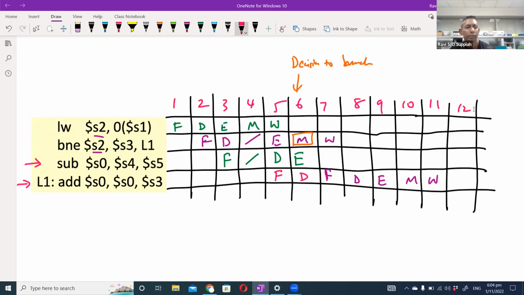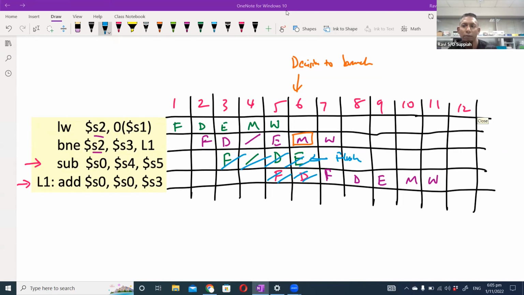But at this point I must flush the pipeline. When I flush, I have to clear all the stages in the pipeline before that, which means the fetch and decode of the next instruction would also be cleared, and then I have to restart.